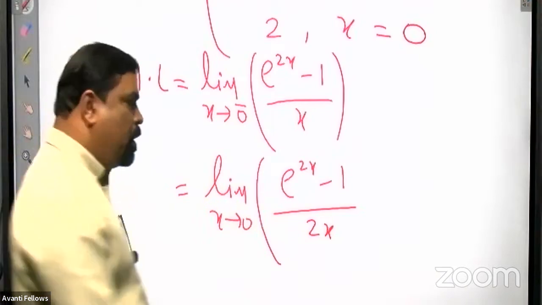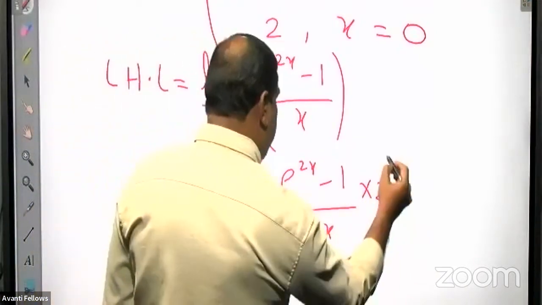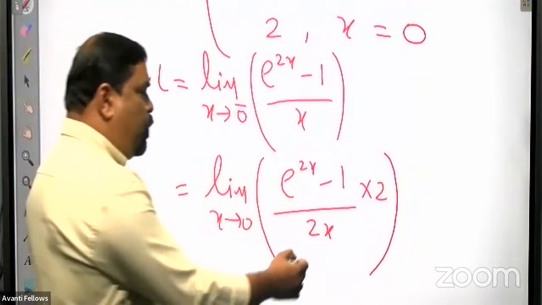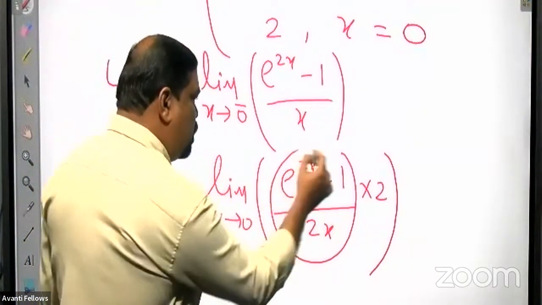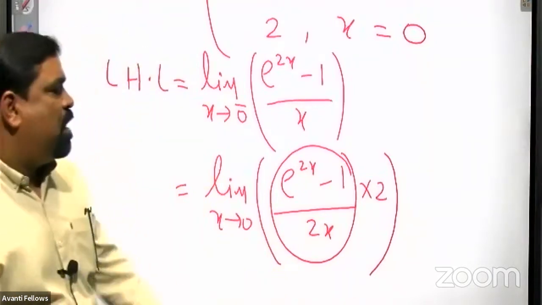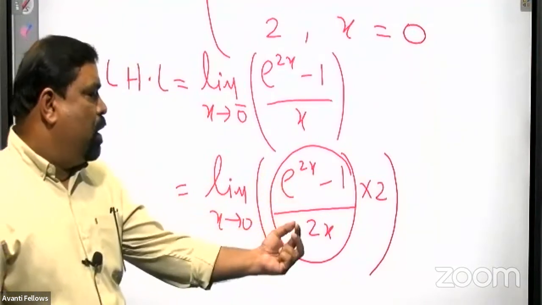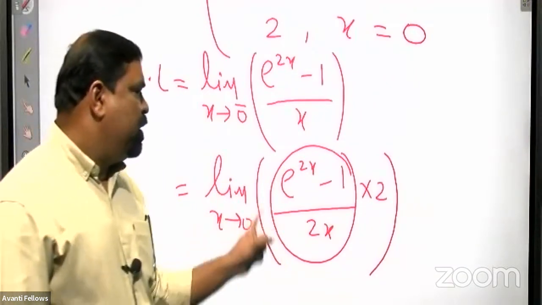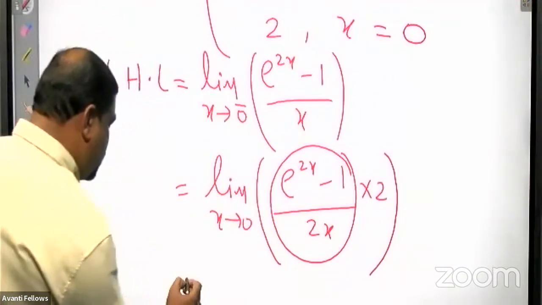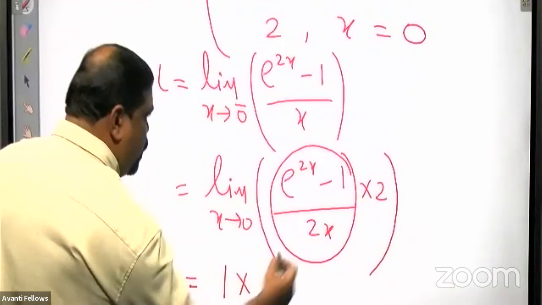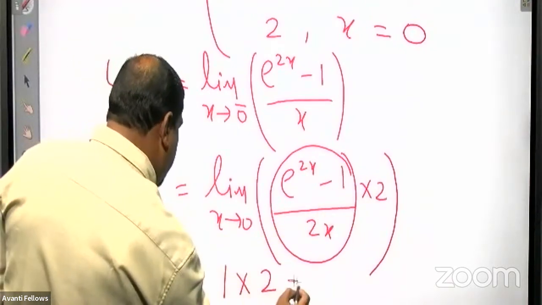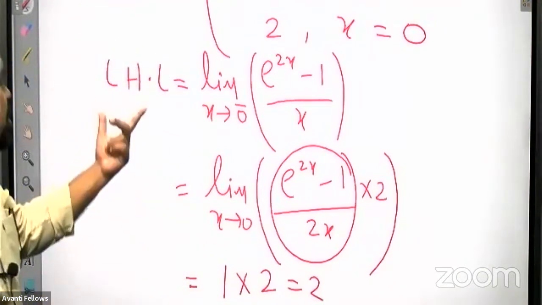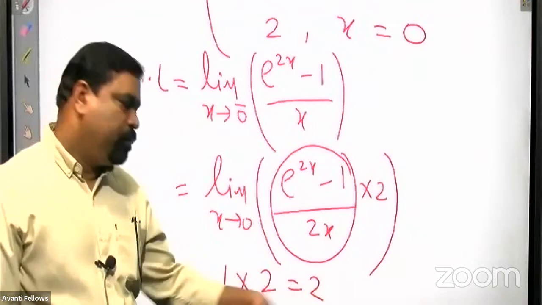To balance it, we multiply by 2. The first part is in the standard form. Whenever x tends to 0, 2x also tends to 0, so we can apply the formula directly, and that is 1. And 2 is a constant, so 1 into 2 means you will get 2. So the LHL is 2.